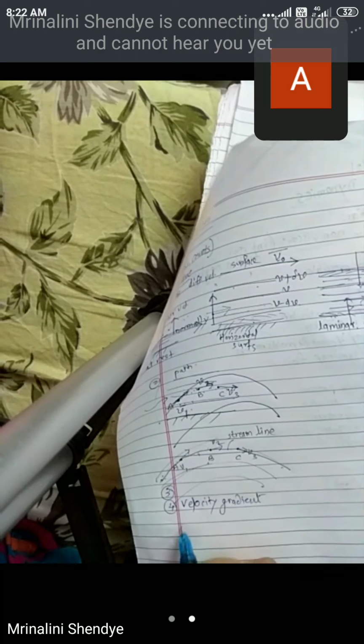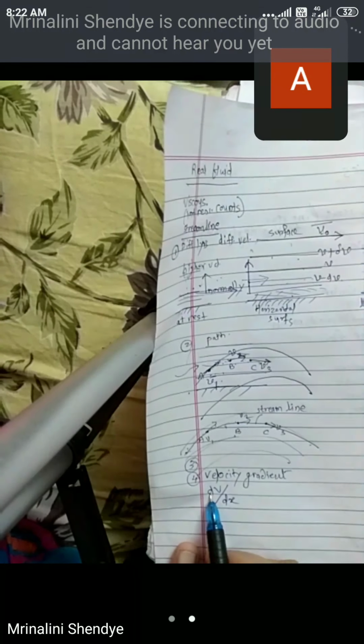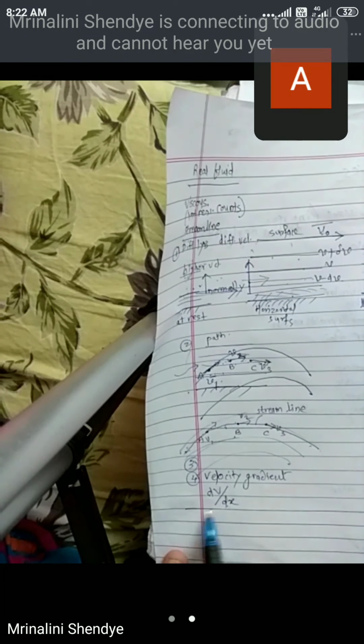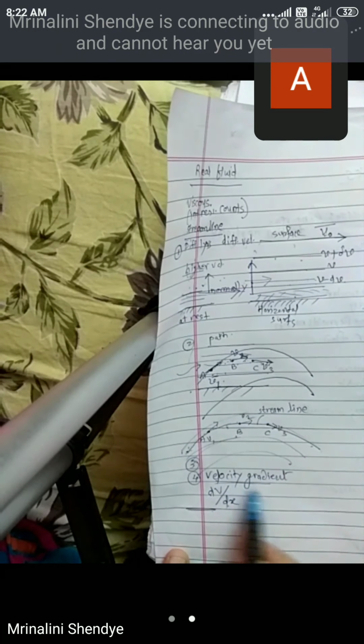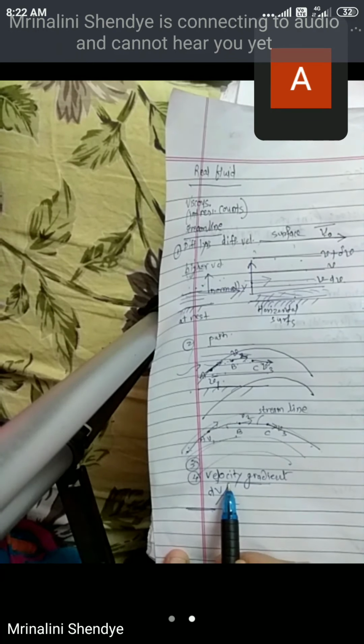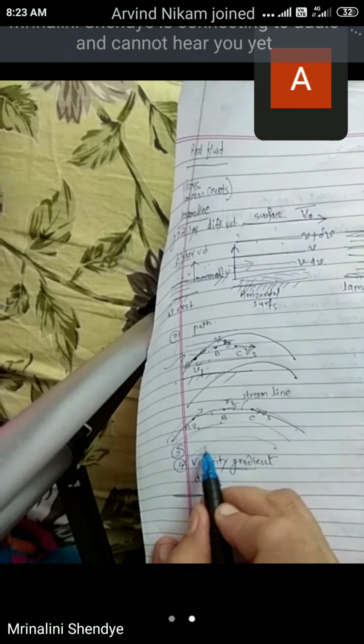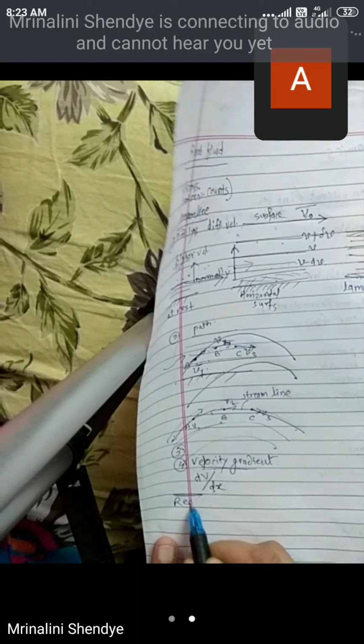It is given by the symbol dv by dx, rate of change of velocity with respect to distance of the layer from a certain reference layer, that is the layer at rest. This is called velocity gradient.